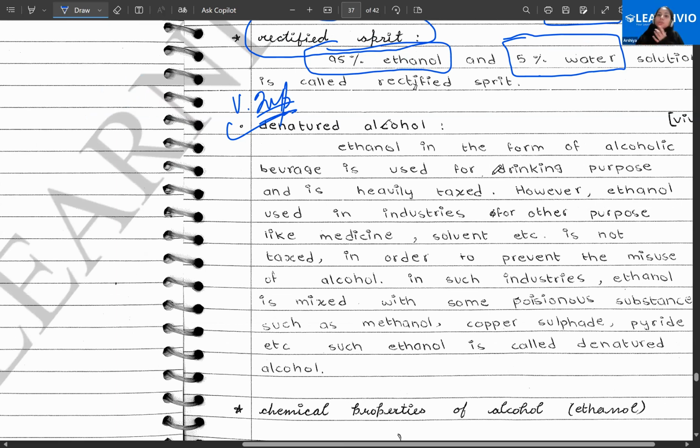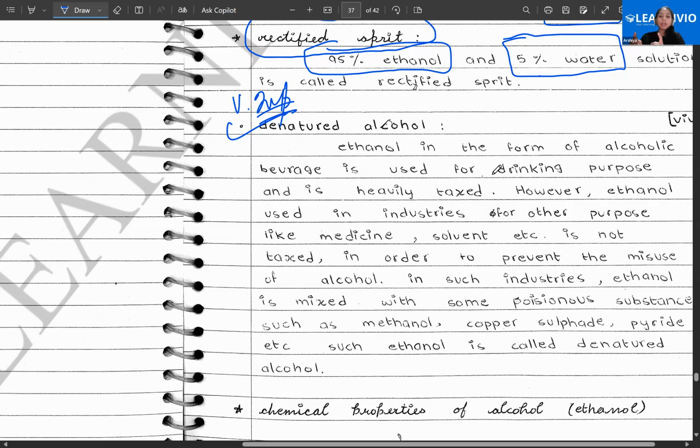This ethanol is also produced in laboratories for lab work. Because of the high taxes on the beverages sold in shops, to avoid those taxes, people try to consume the ethanol from the labs, like they start stealing it.